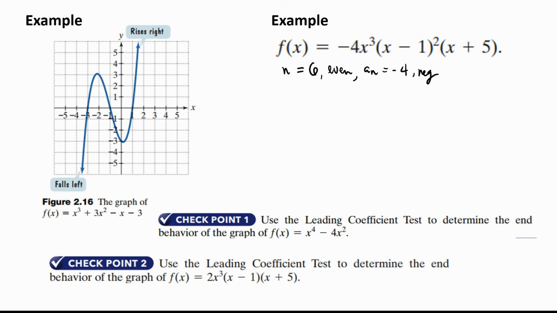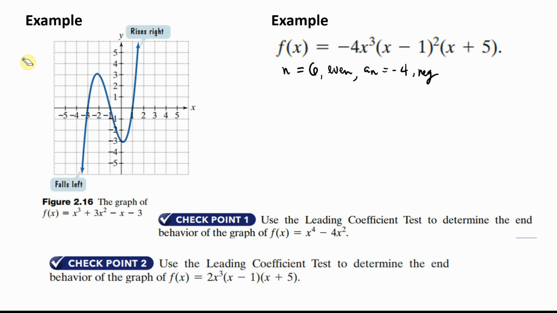I apologize that this graph over here does not match this function right there. I guess I meant these to be separate examples. So let's look over at the left.